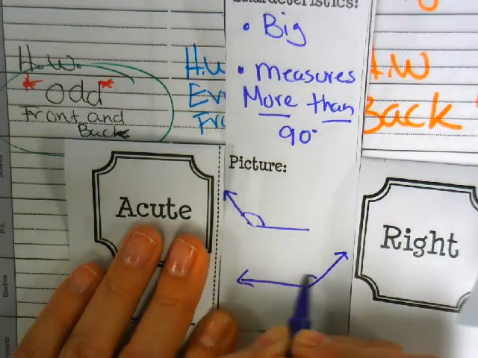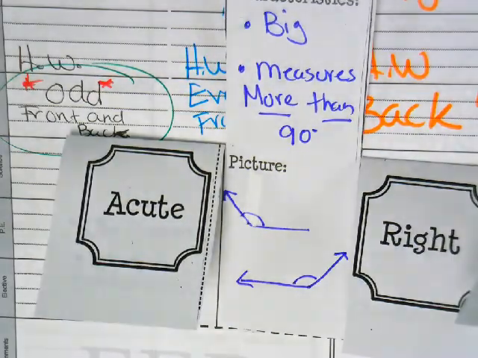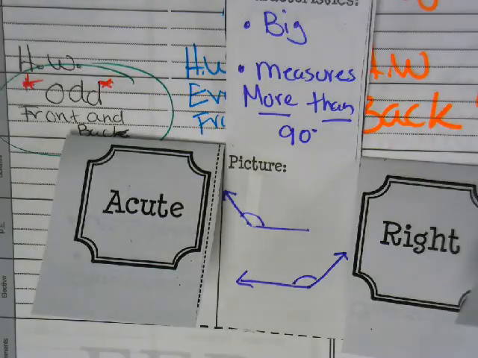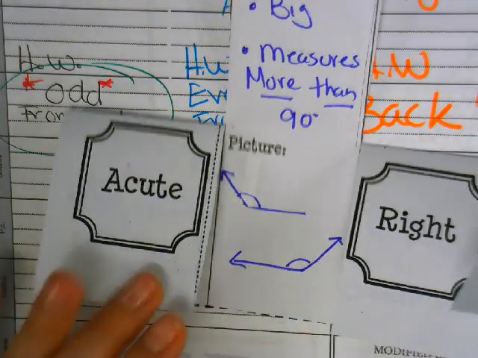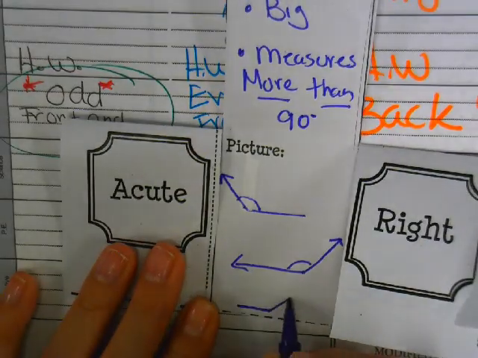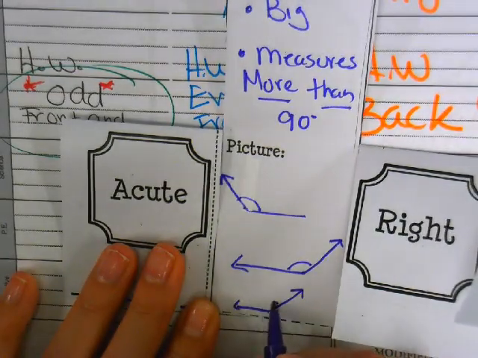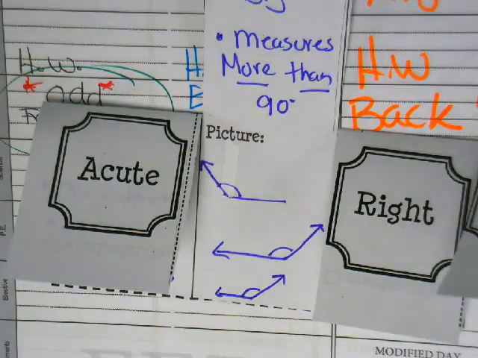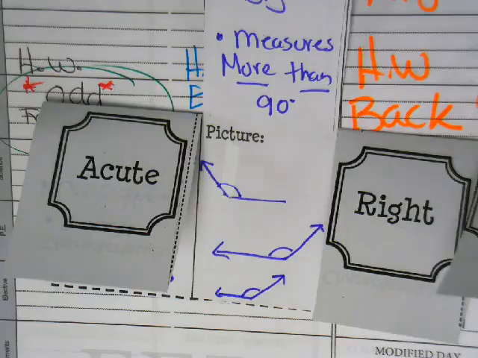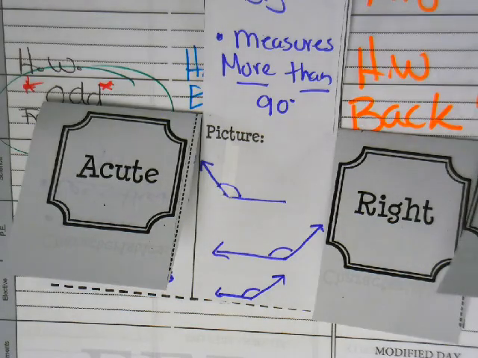It could open in either direction, but they're nice and wide. If they're wide, they're obtuse. So, anything like that is obtuse. Obtuse are big. More than 90. If you have 91, it would be obtuse.